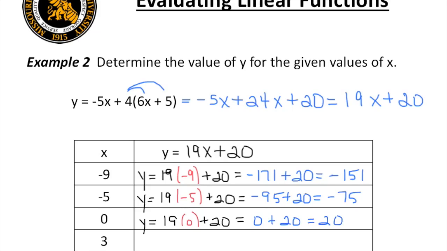When x equals 3, we have y equals 19 times 3 plus 20, and 19 times 3 equals 57, plus our 20 gives us a final output of 77.